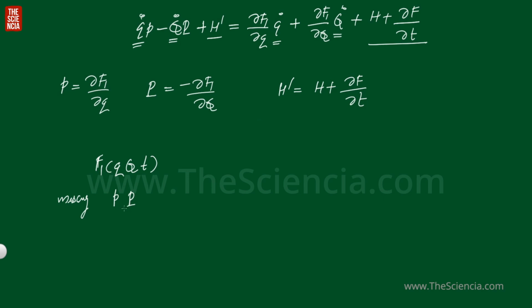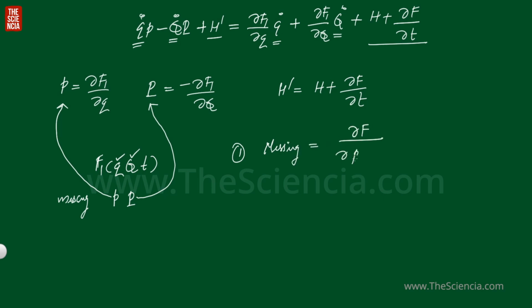Now look into the equations. See, the missing coordinate is here, that is p equal to dou f1 by dou q. Dou q is the present coordinate, right? Another equation: here this is the missing coordinate, and it is equal to minus dou f1 by dou capital Q, that is the present coordinate. So the trick to remember this equation is: missing coordinate equal to dou f by dou present.